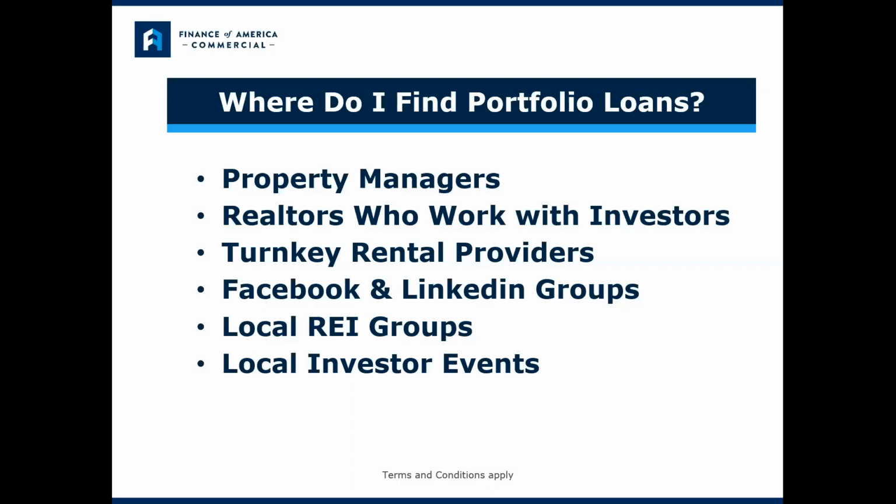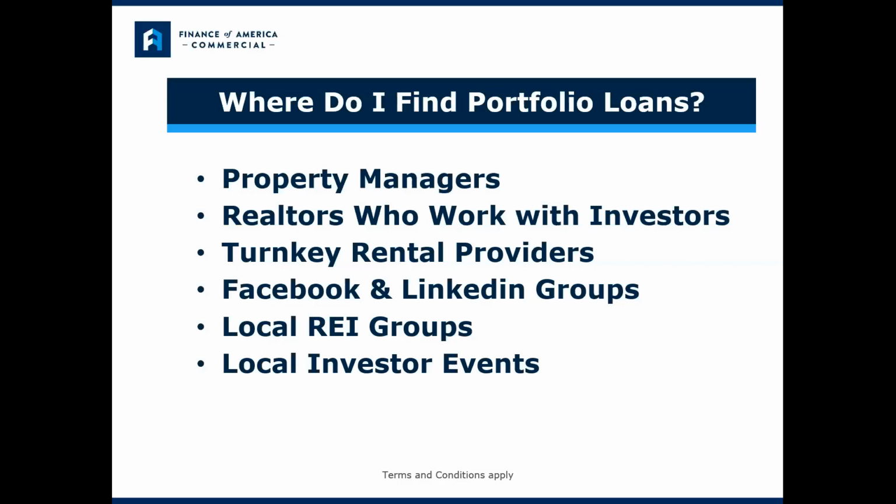Absolutely. You had talked about a minimum of 7 units for the portfolio product. Just confirming, if there's a 5 or 6 unit property, is there anything that can be done under that? Yes, it can. Our rule of thumb is 7 units, but we've had properties that come in that are over our $700,000 minimum loan amount that we can make an exception for.